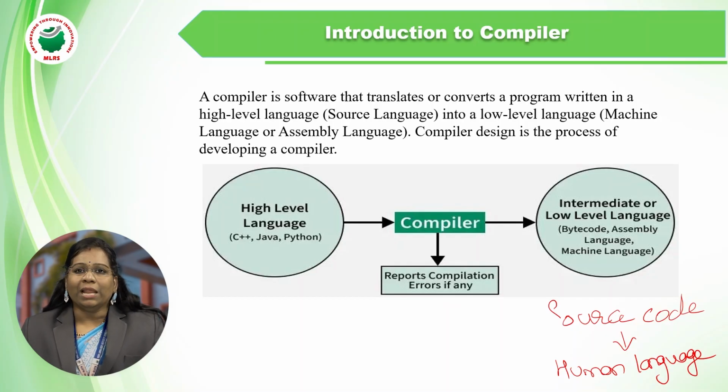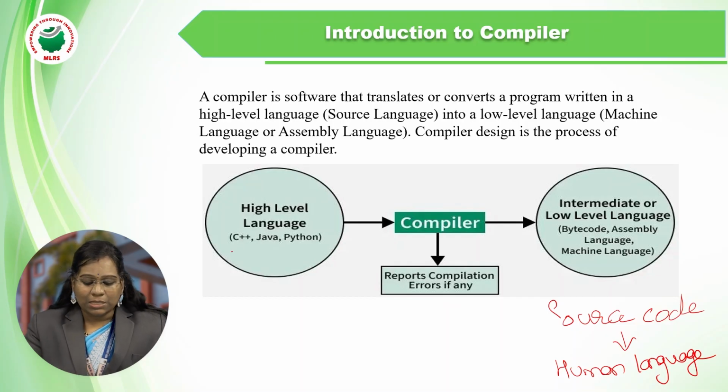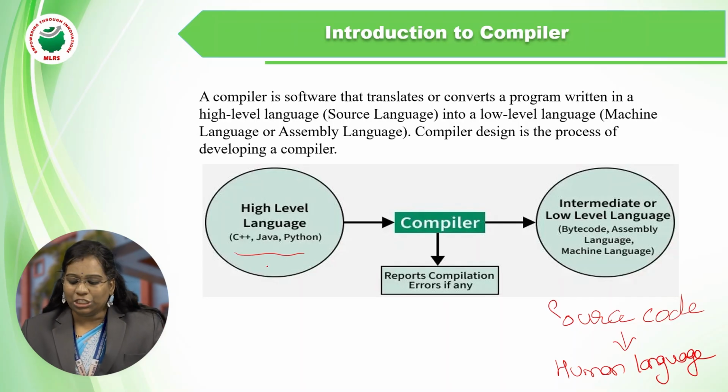So what are the high level languages? They are the programming languages we use in daily life, that is C, C++, Java and Python. And we convert this high level language into the low level language, which we can call the intermediate code.